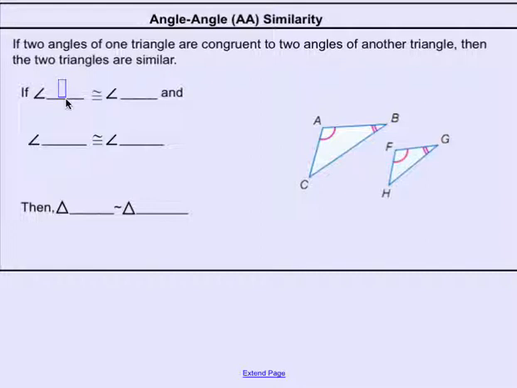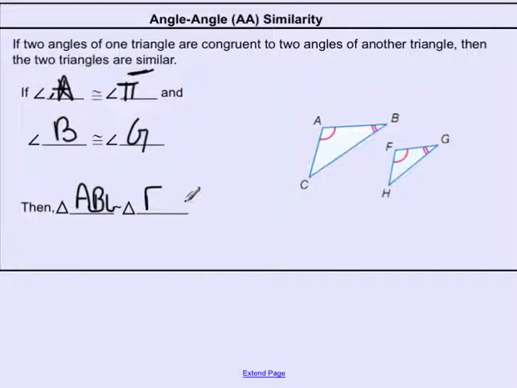So if we know that angle A is congruent to angle F, and we know that angle B is congruent to angle G, then we can confidently say that triangle ABC is similar to triangle FGH.